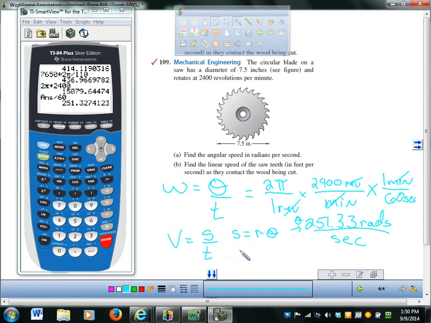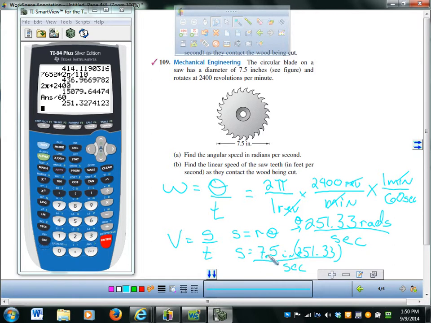So S is going to be the radius, which is 7.5 inches. They want feet per second, so we're going to have to change that into feet. 7.5 inches times 251.33, okay? That's radians per second, okay?